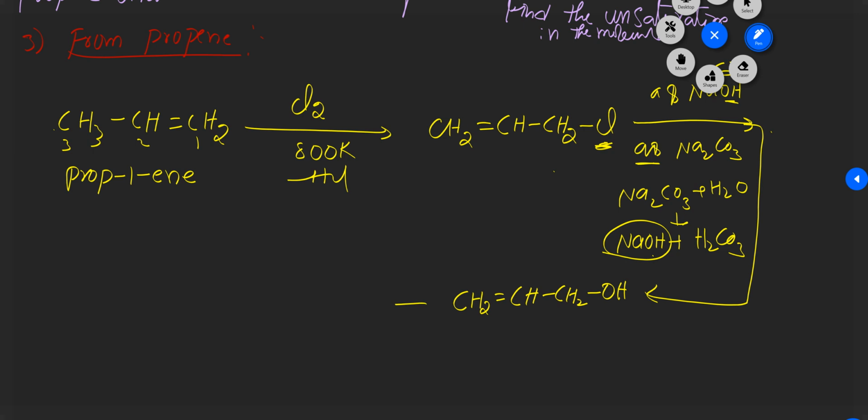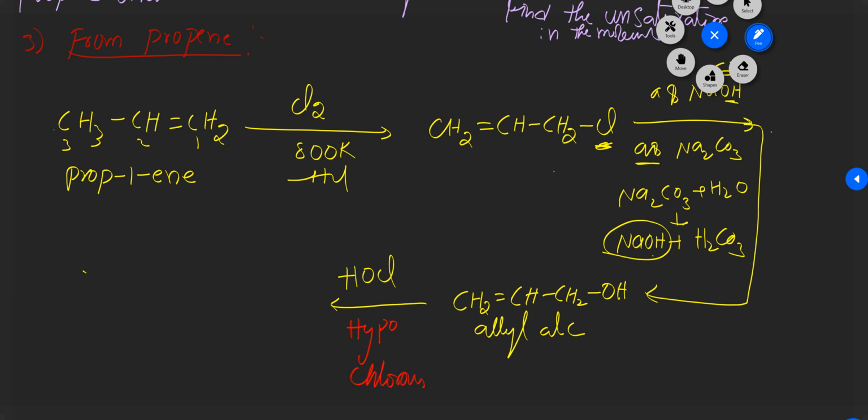What is the name of this one? We just discussed it: allyl alcohol. Now I'm not taking that base reagent. I'm taking one more reagent to convert this double bond into an alcohol. I'm taking hypochlorous acid, HOCl.